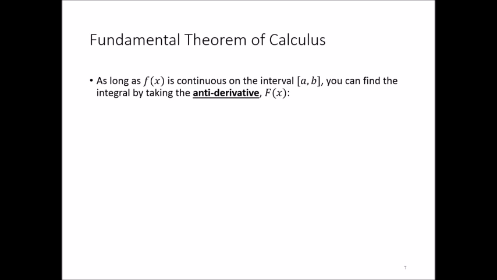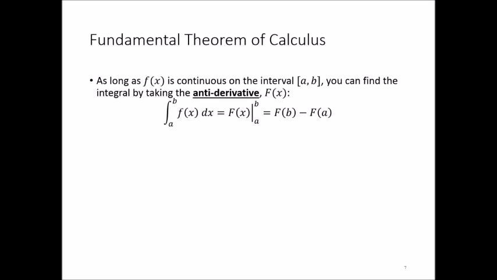As long as you have a continuous function on the interval that you're interested in, the way that we find the actual integral of that function is by taking the antiderivative and then substituting in the limits of integration.